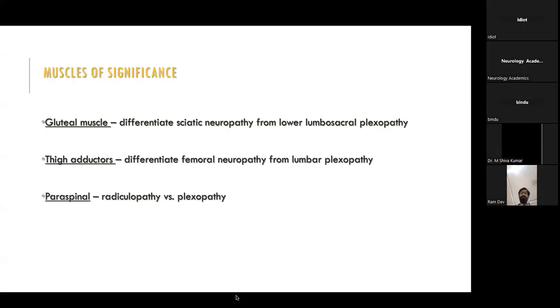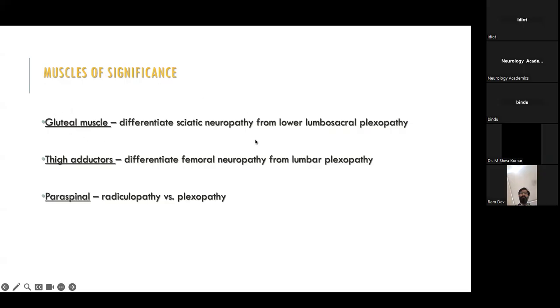Here, there are a few muscles of significance in EMG where they are crucial in differentiating different pathologies. The gluteal muscle helps in the differentiation of sciatic neuropathy from lower lumbosacral plexopathy, because gluteal muscles are supplied by the upper lumbosacral plexus, like S1, where its involvement is seen in lower lumbosacral plexopathy but not sciatic neuropathy, because though the sciatic nerve is from the lower lumbar plexus, the gluteal muscles are supplied by the superior and inferior gluteal nerves.